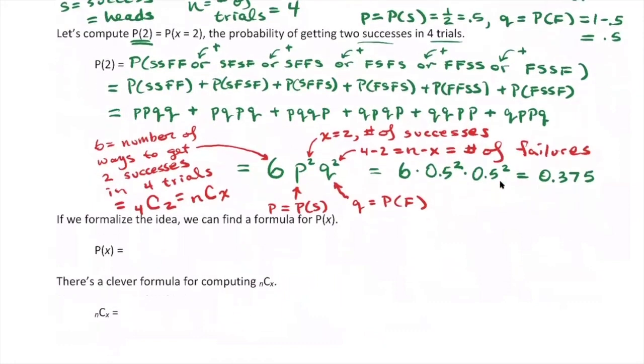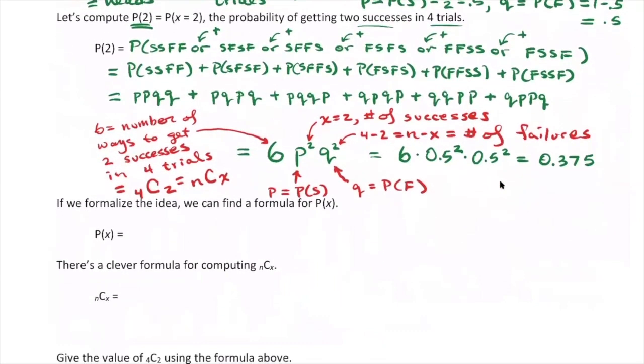Now, if you just look at what we did, we had the 6, which is 4 choose 2. That's n choose x. Then the P to the second, but that was P to the x.